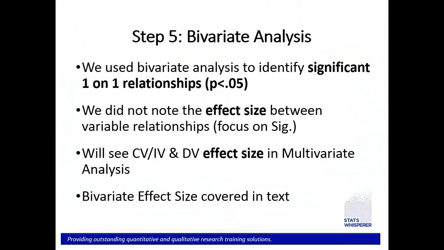Right? So, repeating our notes, we use bivariate analysis to identify significant one-on-one relationships. Again, we did not note the effect size like sample study 1 because we were interested in the dimension of significance. We will see the effect size between the predictors and dependent variable in the multivariate analysis. And if you're interested in the bivariate effect sizes, they are covered in the text.